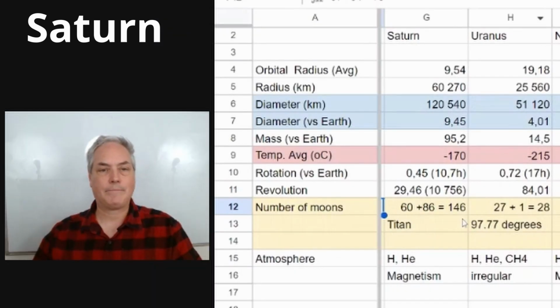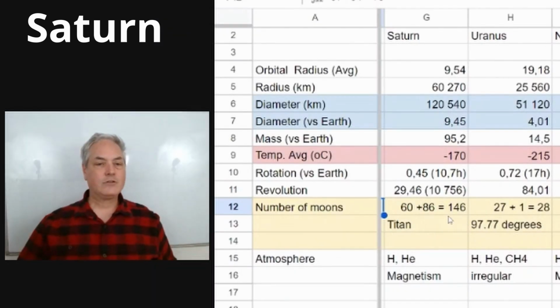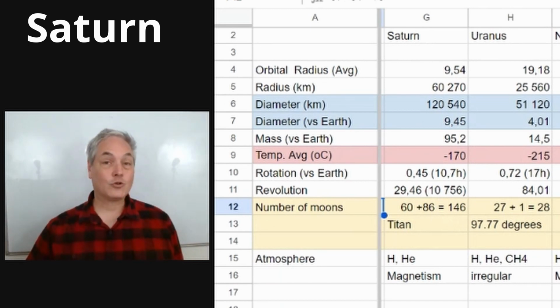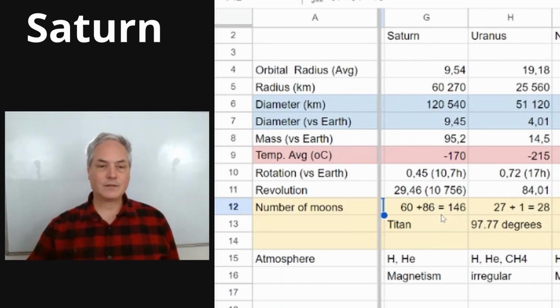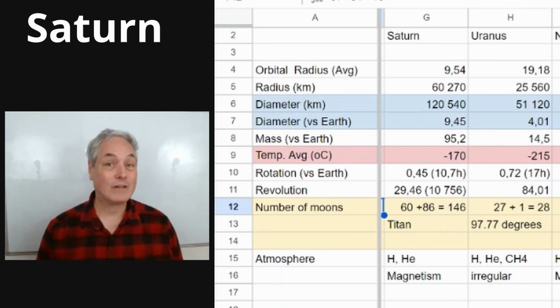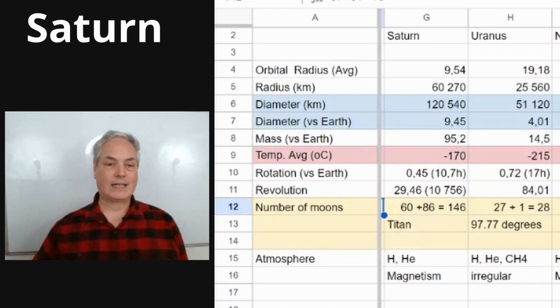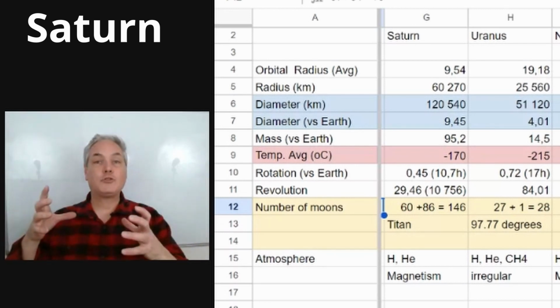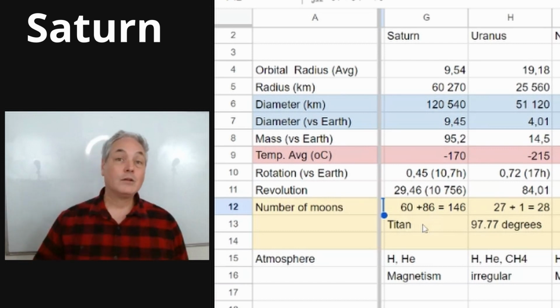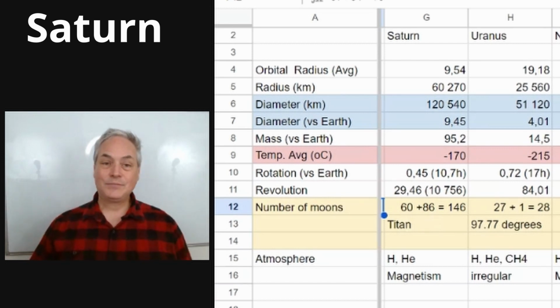As we are improving our tech, I'm sure we'll have more details in the years and decades to come. Interestingly enough, it takes about 10,000 or 11,000 days to go around the sun, so it's a long year. With respect to moons, there are now 146 recognized moons around Saturn. Many of those are smaller objects that are within the rings. The one big moon on Saturn is Titan. It's quite big.